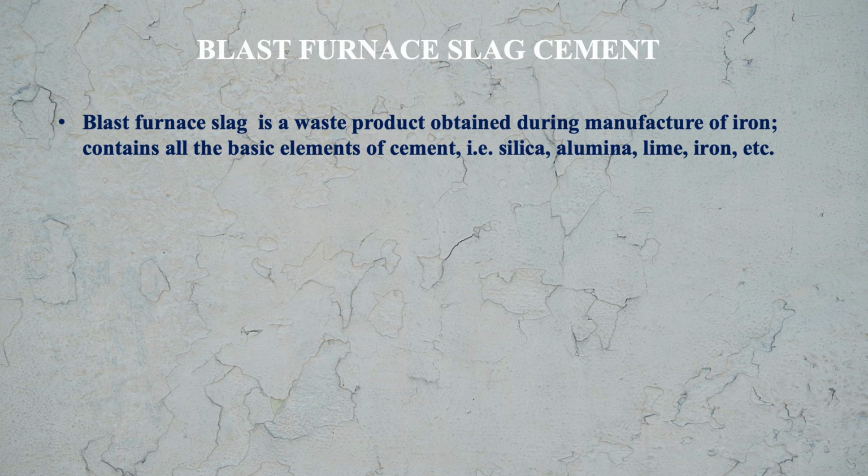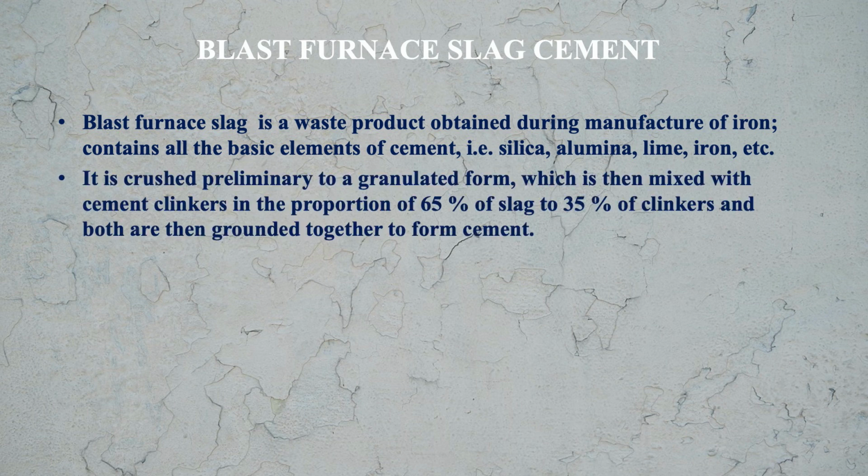What we do with this blast furnace slag is crush it preliminarily to a granulated form, means we crush it to form grains, which is then mixed with cement clinker. The proportion will be 65% of slag and 35% of clinker.